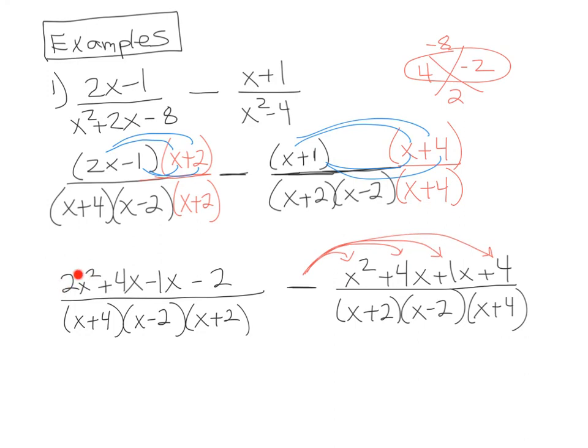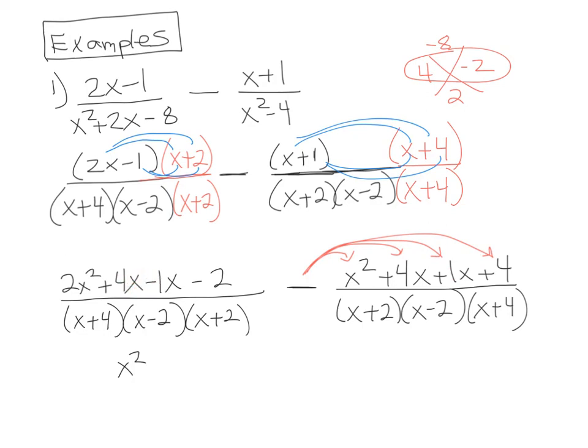All right, 2x squared, take away an x squared. 2x squared, take away an x squared is just x squared. All right, here we go. Plus 4x, take away 1x. Plus 4, take away 1. Plus 4, that's 3.